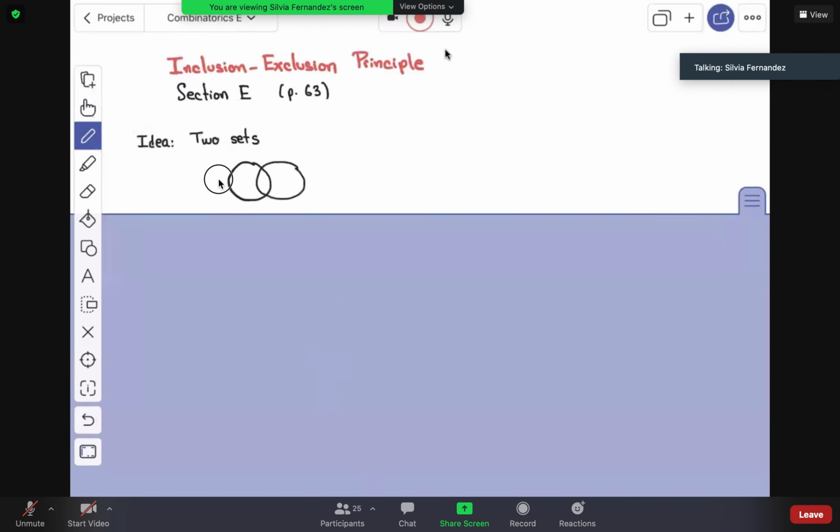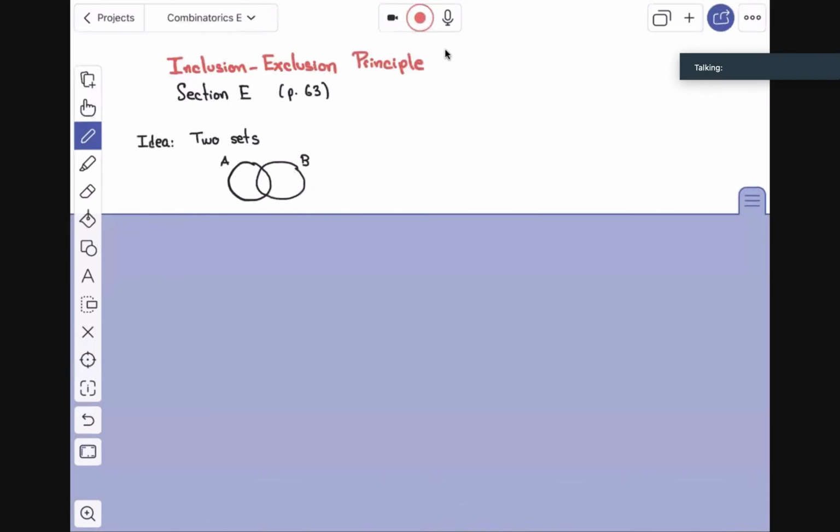Let's say that you have two sets. And I can look at the Venn diagram for those sets. Suppose that I have all these different regions, like everything that's in the union, the outer region.